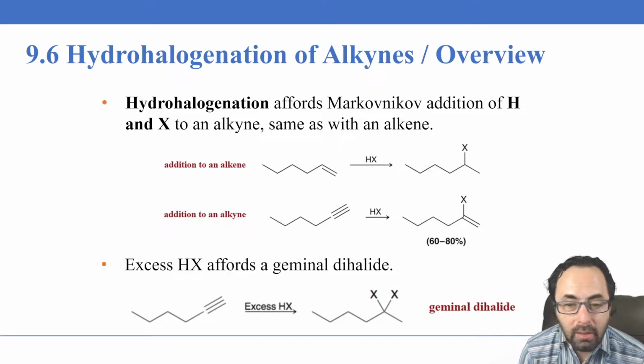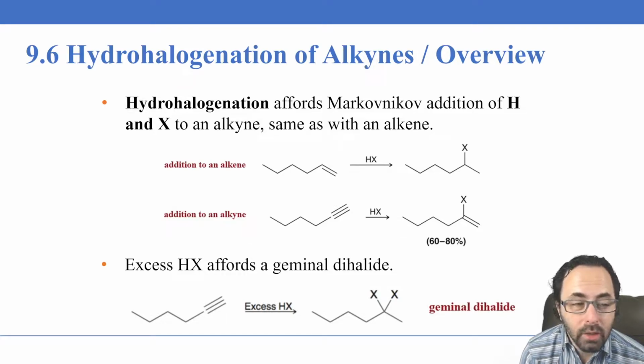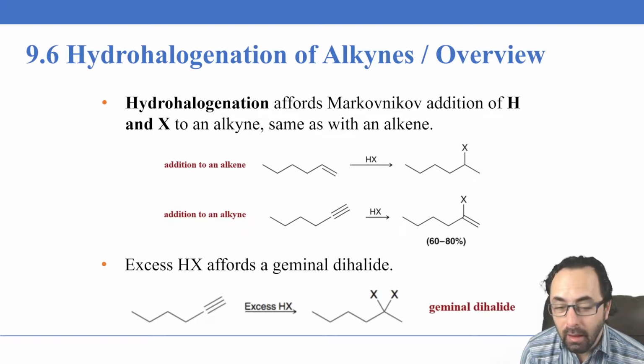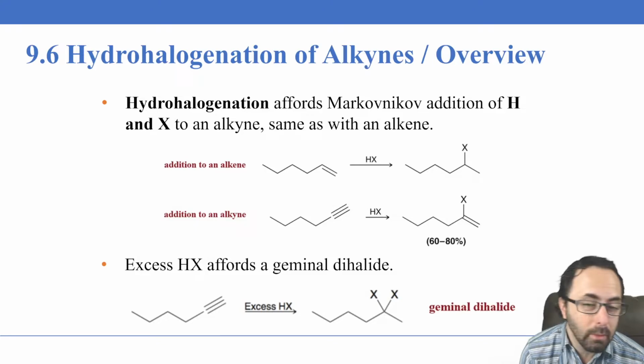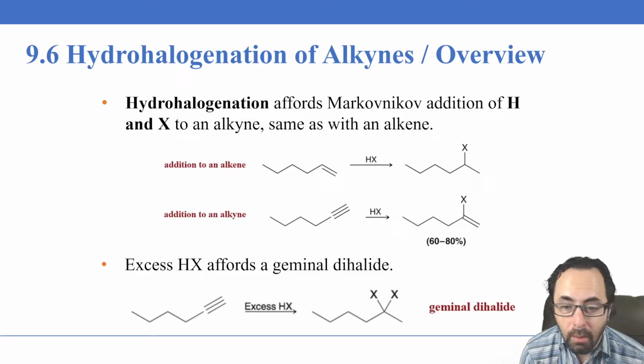When we finished last time, we had talked about the hydrogenation of alkynes and some of the ways in which they're similar to the hydrogenation of alkenes and some of the ways in which they're different. The main one being that when we hydrogenate alkenes, we always get an alkane directly.